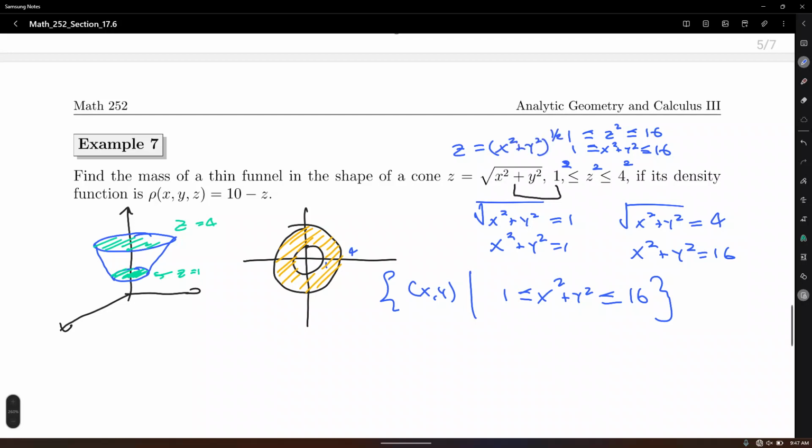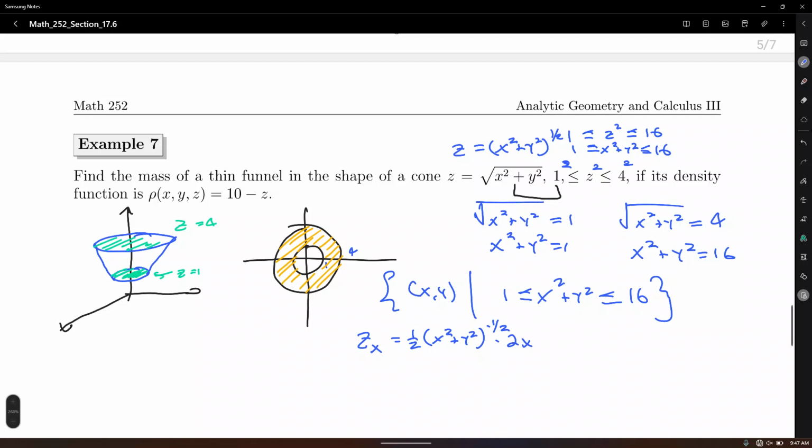We will have to use the chain rule to get the partial derivatives of this function. z with respect to x is 1/2 times x squared plus y squared to the negative 1/2, times, by the chain rule, 2x.